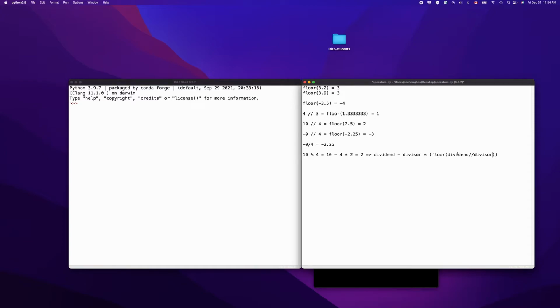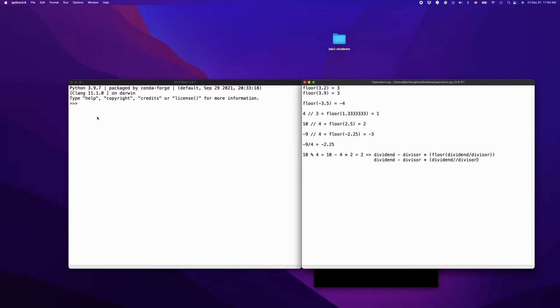The floor of 10 divided by 4 is 2. You can also write this as the dividend minus the divisor times the integer division of the dividend by the divisor.